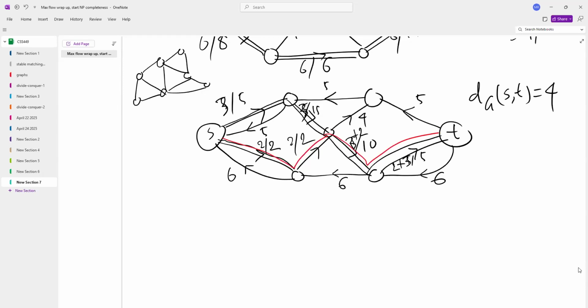You can just use any path there. So that does not require shortest path, because they're all the same length, so all the same number of hops. The reason that we shared it is because we found out that 2 is the smallest bottleneck, and then we subtracted that from that entire path.